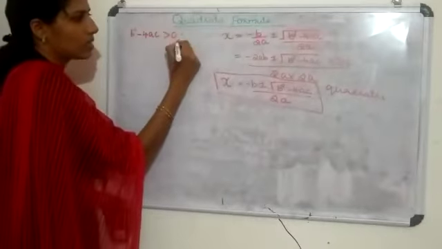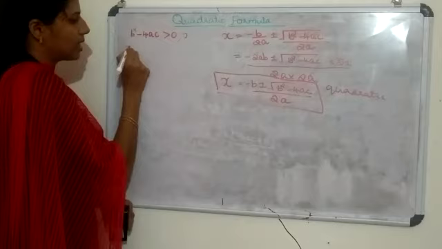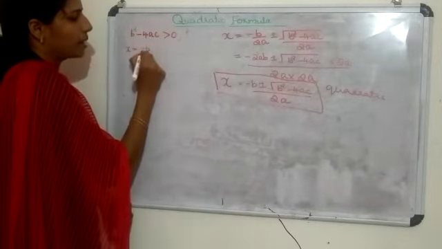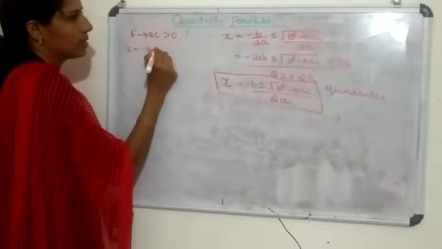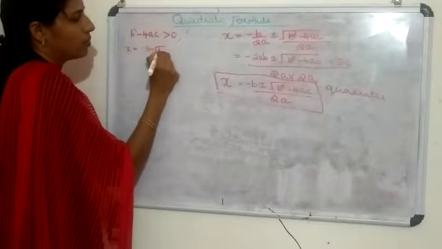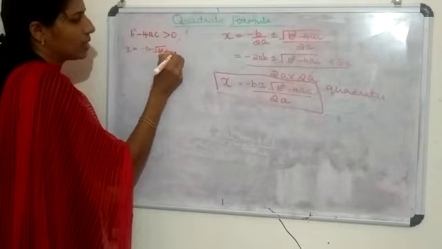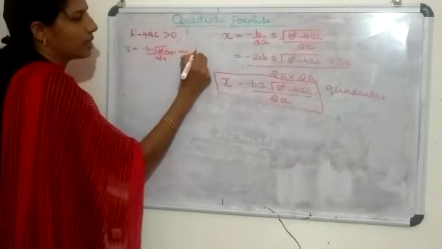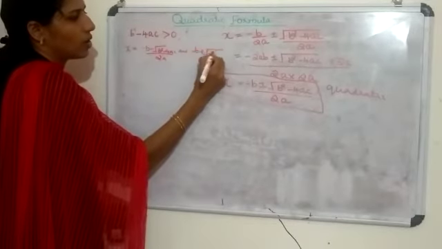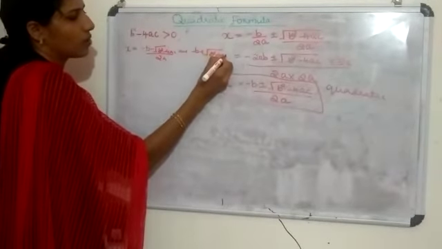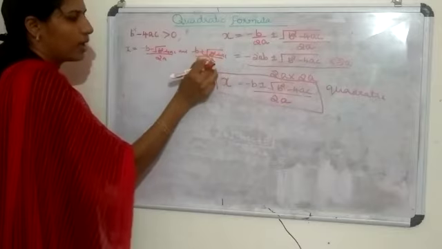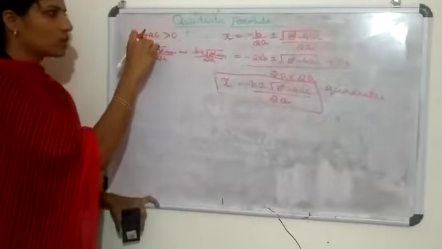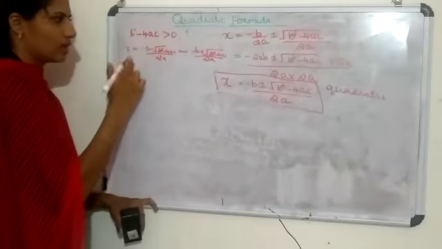Then x has two values: minus b minus square root of b square minus 4ac by 2a, and minus b plus square root of b square minus 4ac divided by 2a. Like this we get two roots when b square minus 4ac is greater than 0.